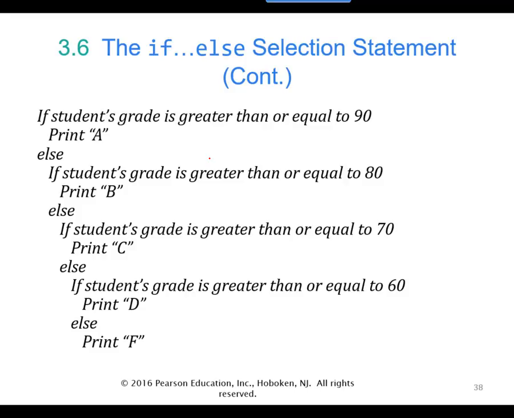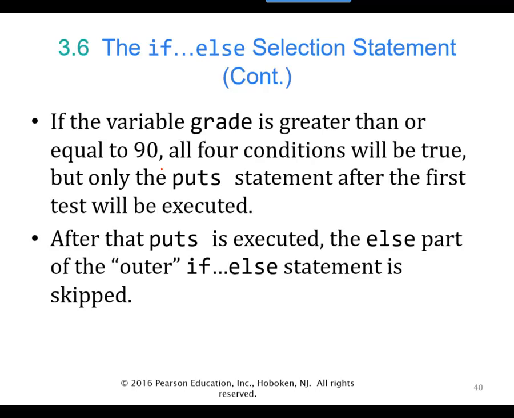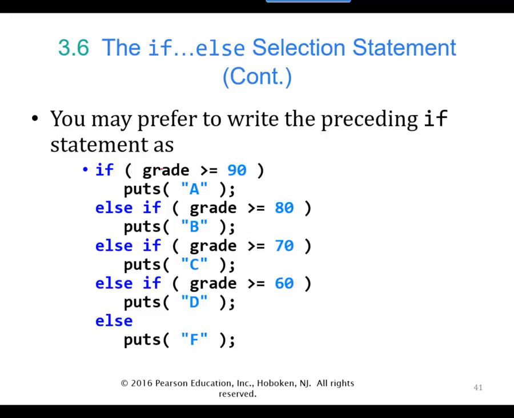And that's our pseudocode. The only thing I did is put the ifs on the same line, else if right there, which I think he does here too. This is the format I prefer. Notice that the braces are missing.